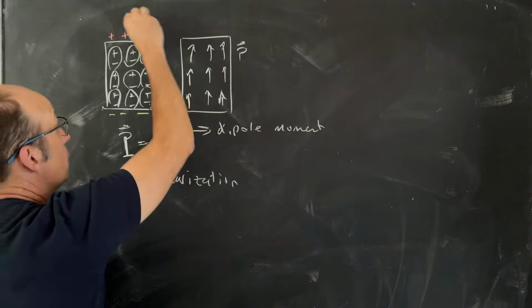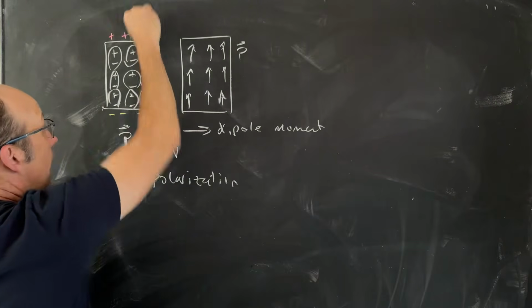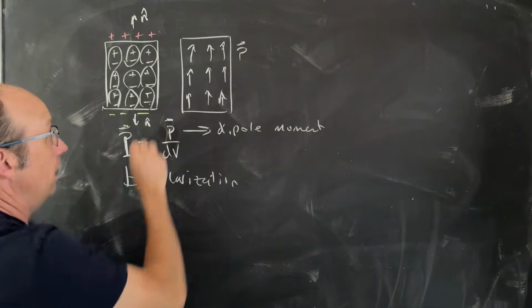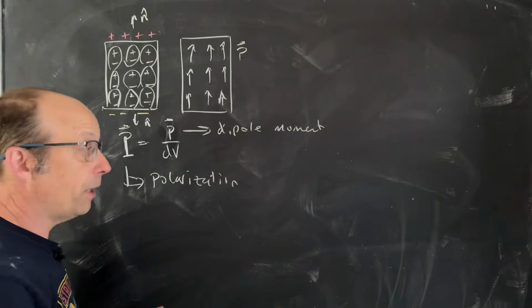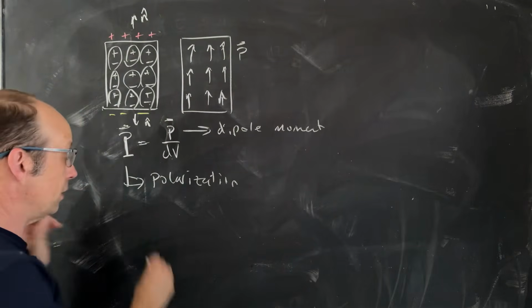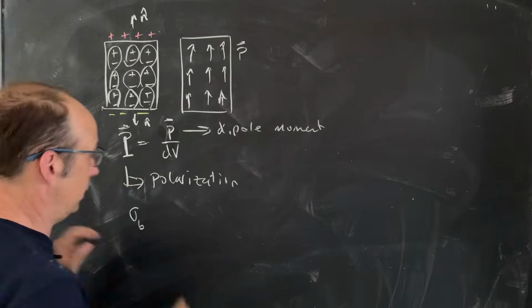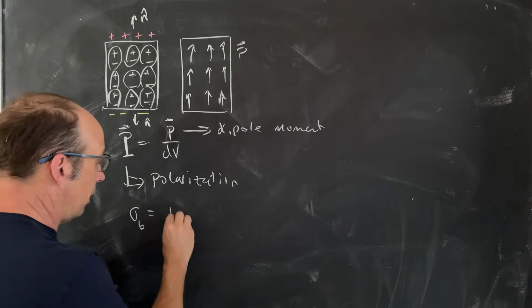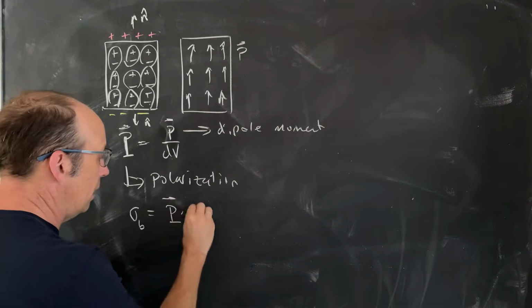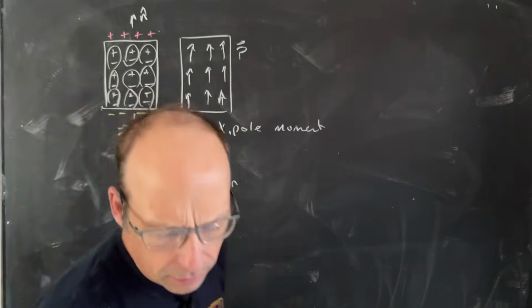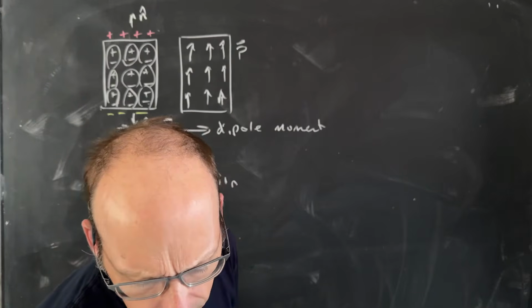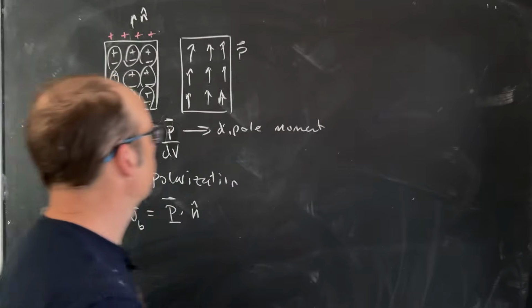Let's call this the unit vector n hat, and n hat down that way. Then I can determine the charge density, sigma b. This is called bound charge density, and I'll tell you why. It's going to be the polarization P dot n hat.